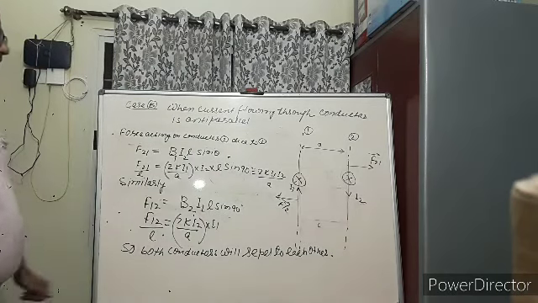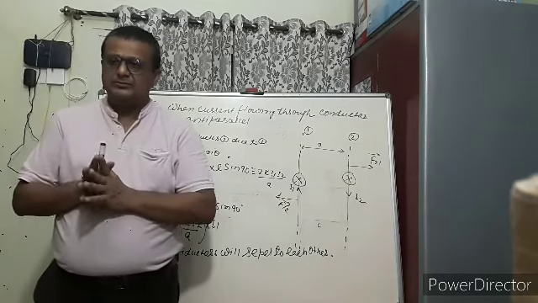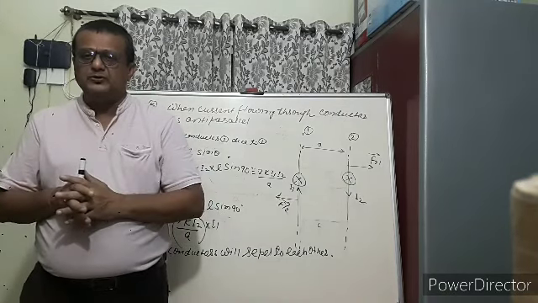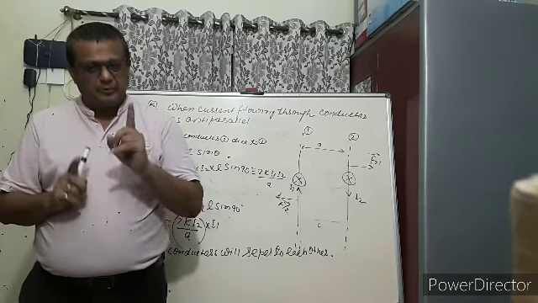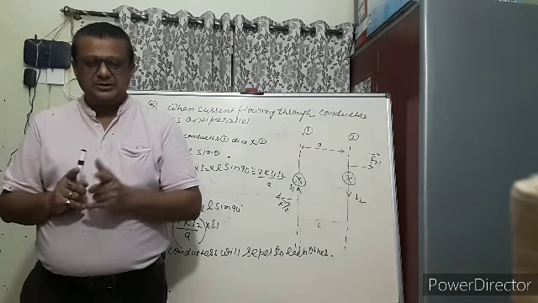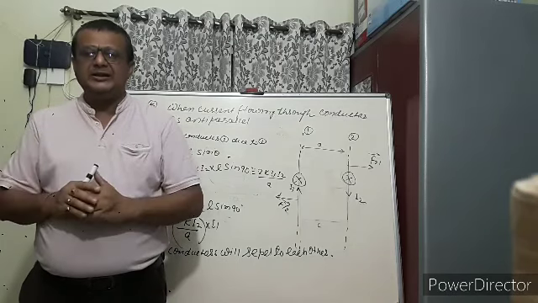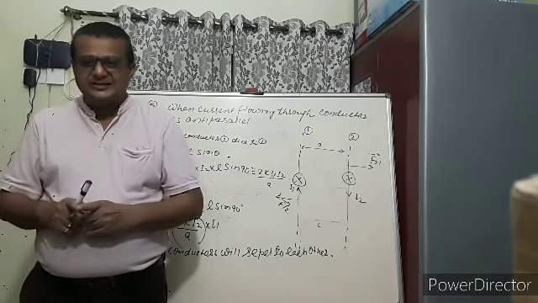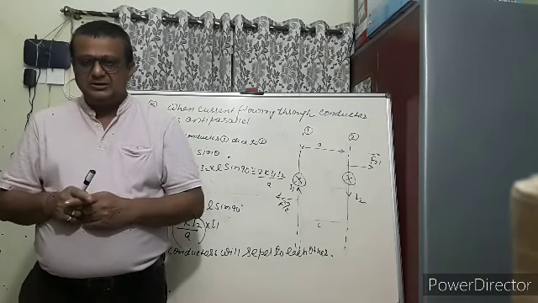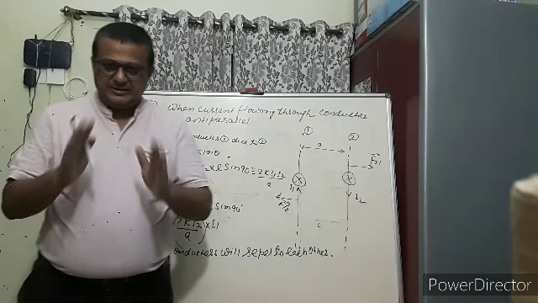Hence it is clear: when current flows in the same direction, both conductors experience the same force but attract each other. But when the current is anti-parallel, both conductors again experience the same force but both repel each other. I think the concept is clear.